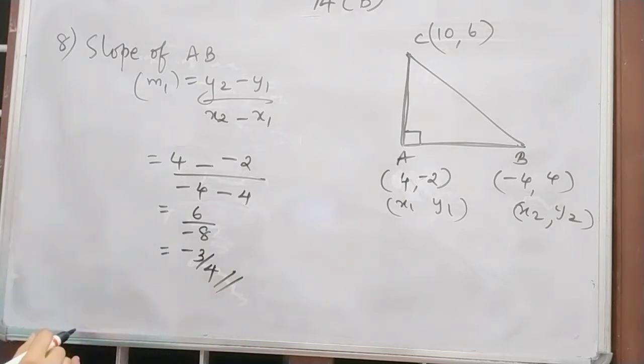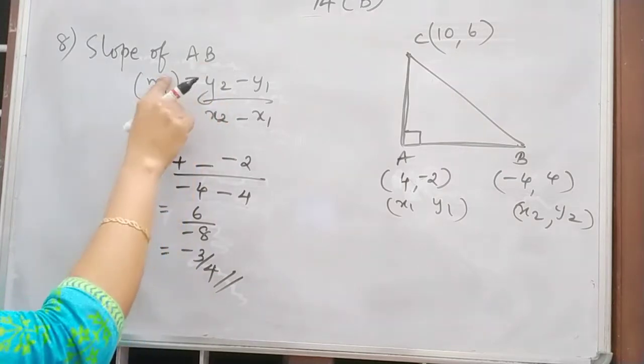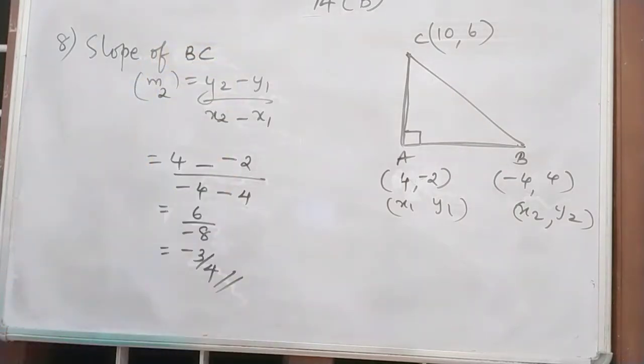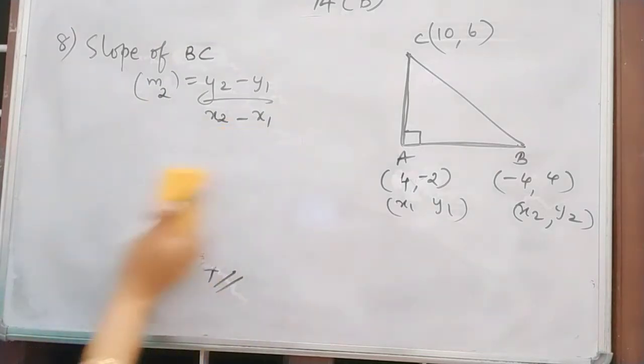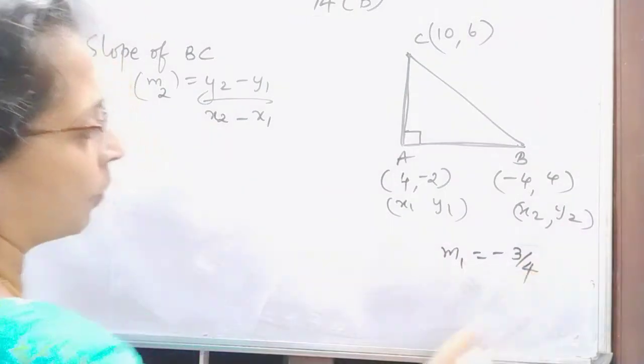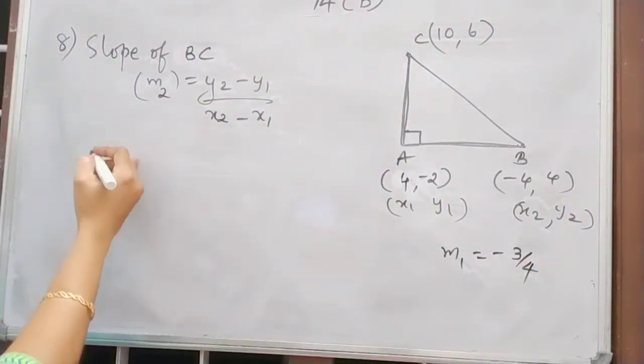Then again we have to find the slope of BC. We mark it as M2. So M1 we got as negative 3 by 4. M2 we are finding: y2 minus y1 divided by x2 minus x1.